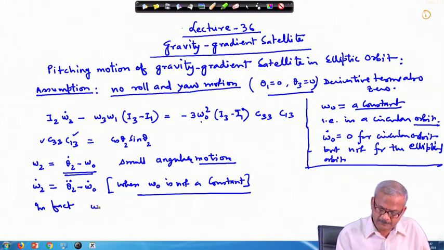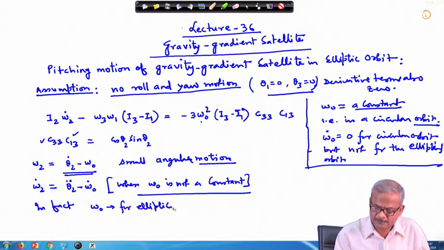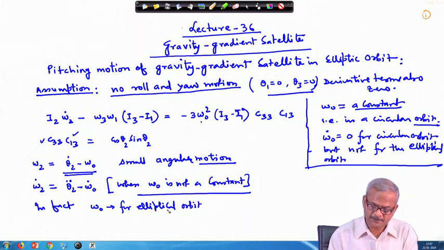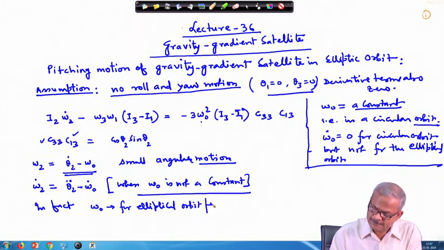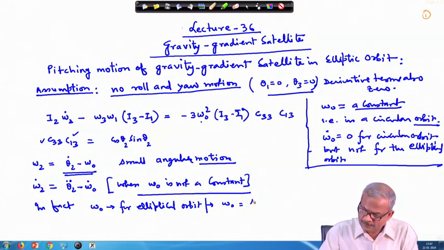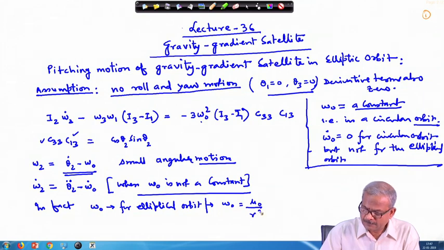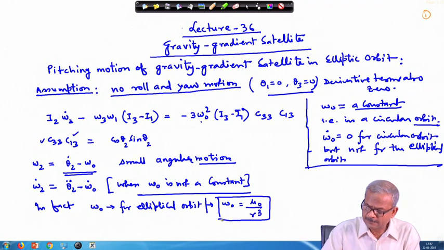In fact, for the elliptical orbit we have to write omega 0 properly. See here, in the circular orbit omega 0 has its notation from mu by r cube, where we have simply written mu.